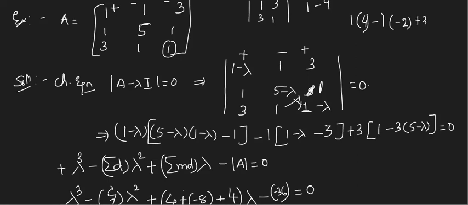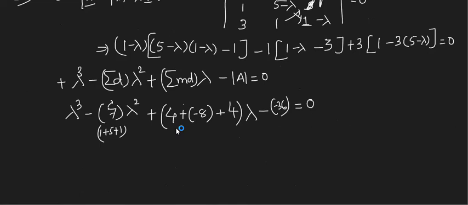Next, plus 3 into, leaving the row and column, 1 minus 15, which is minus 14. 4 plus 2, 6, minus 14 times 3, the answer is minus 36. You can do it like this. If you don't want to go for the calculator, there is a way. Yes, minus 36.